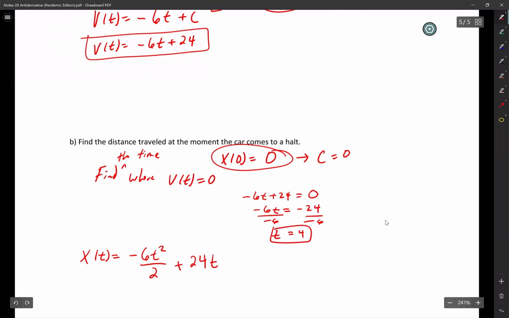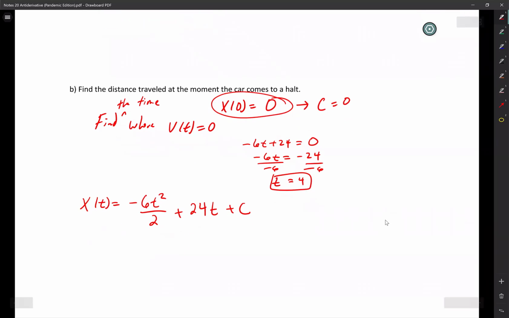I'm just doing the antiderivative, and then plus c. But I already know that c is 0, because I started counting the distance as soon as the time was 0. So my x of t is negative 3t squared plus 24t.